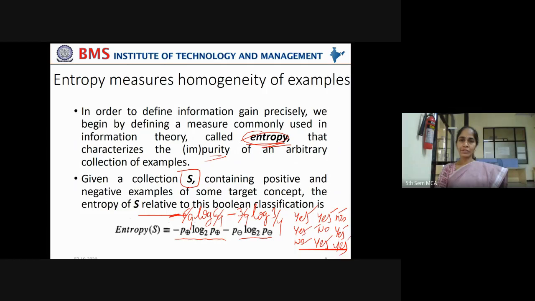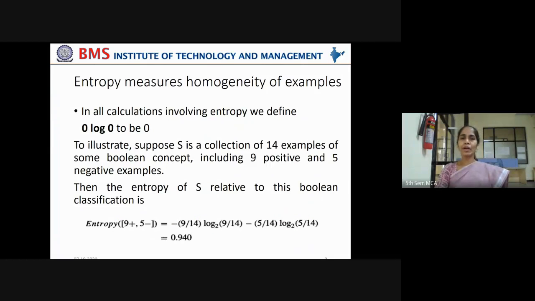After classification, it will check how many of the examples are positive and negative. It will count their proportion and use this formula in order to find the entropy of the entire tree, right? Now let me show you another example. Before that, let me make it clear what the values are for log 1 and log 0.